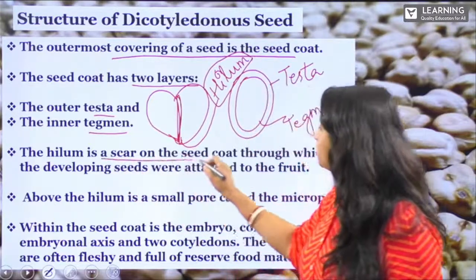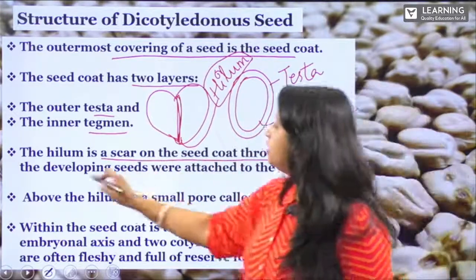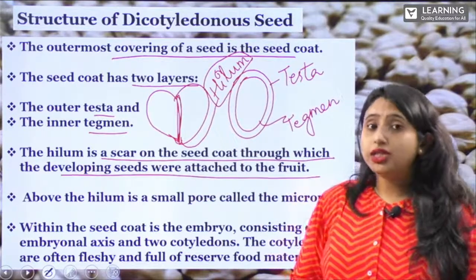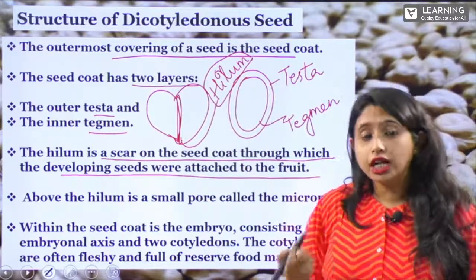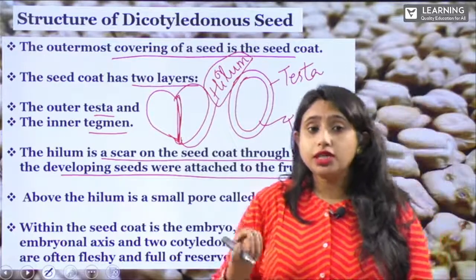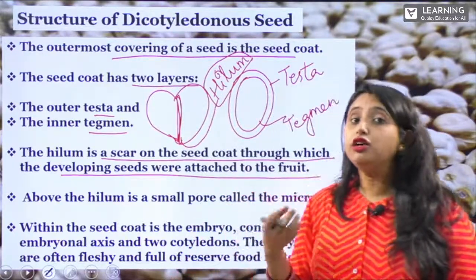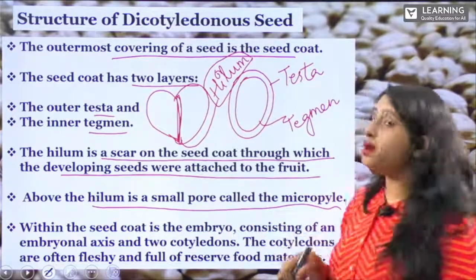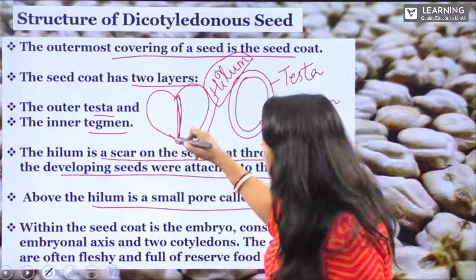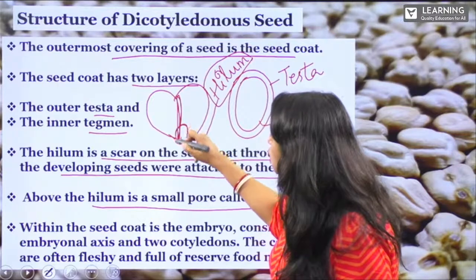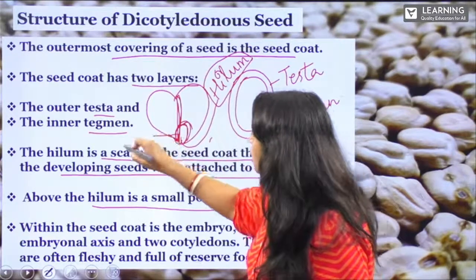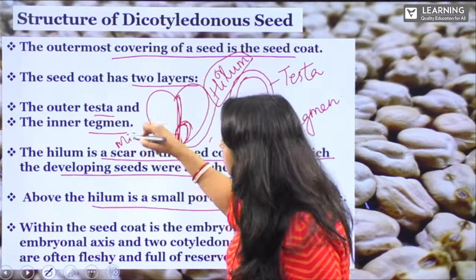Hilum is the scar on the seed coat through which the developing seed was attached to the fruit. So this is the part which helps the seed attach to the fruit. Above the hilum is a small pore called the micropyle. We call this small pore your micropyle.